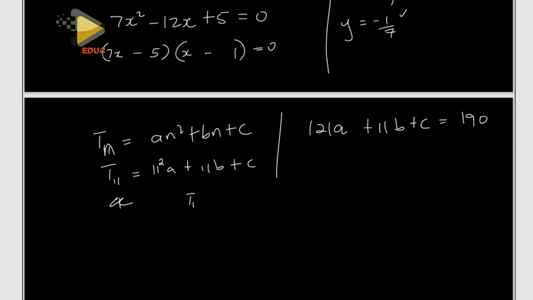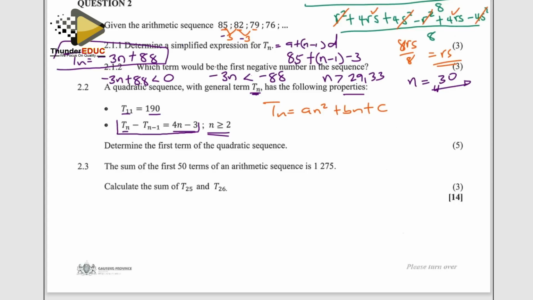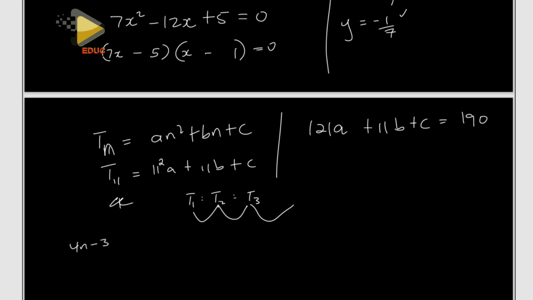But then if I'm looking at T1, T2, T3, for me to get my first differences here, I must use the 4n minus 3, but I must start with n being equal to 2.